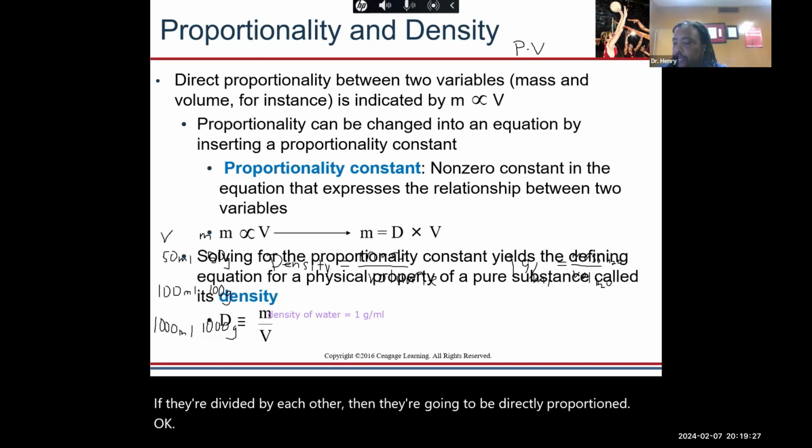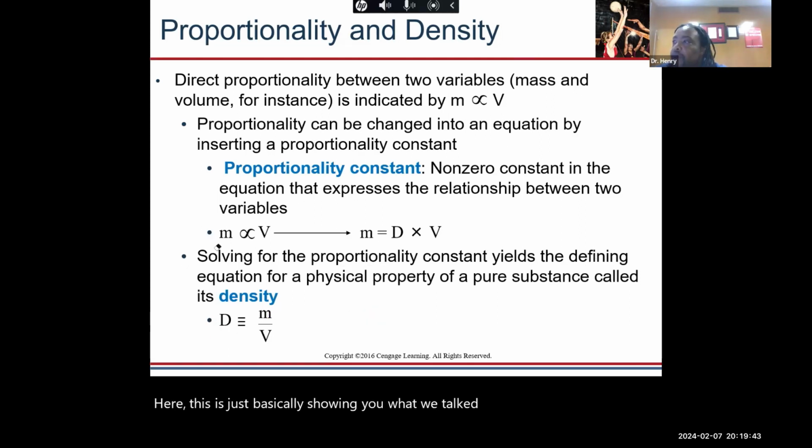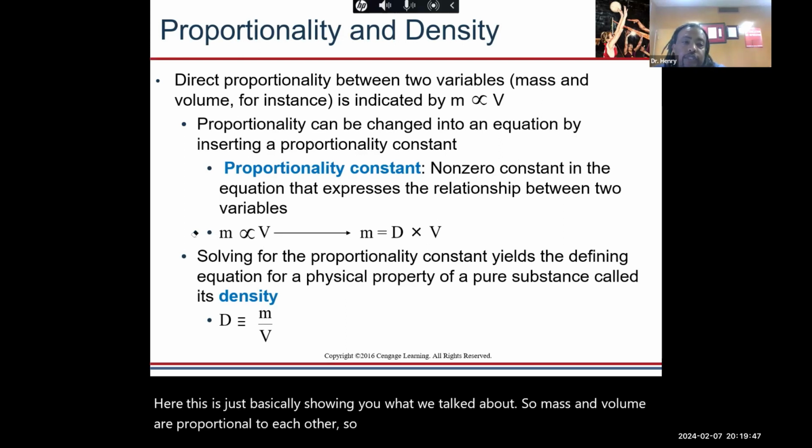Okay, so here, this is just basically showing you what we talked about. So mass and volume are proportional to each other, so they're directly proportional to each other.